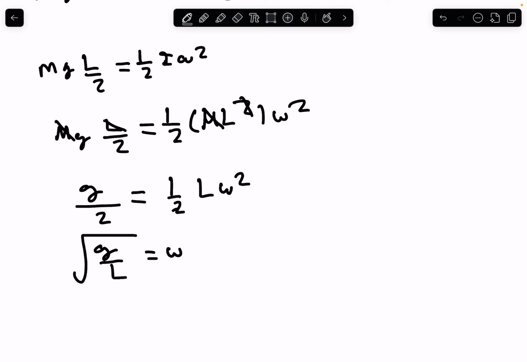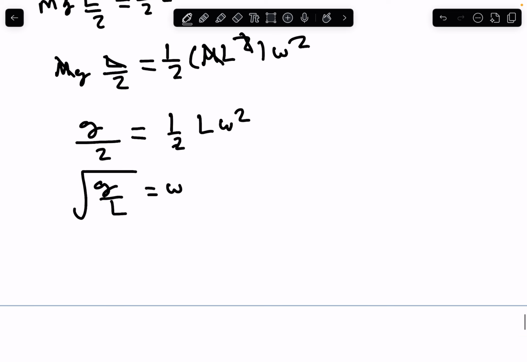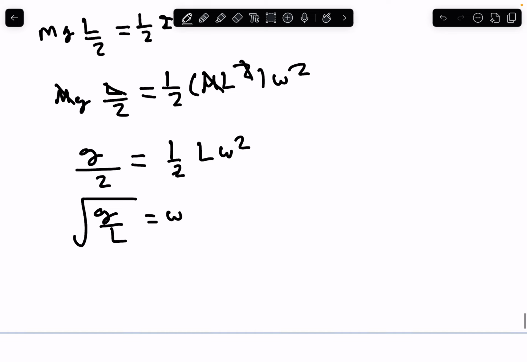Oh, wait a second. So it's the wrong answer. So yes, this is actually the right answer, but the question does not state that the moment of inertia equation is 1 over 3 mr squared. If you account for the factor of 3, the equation will be root of 3g over 2L.